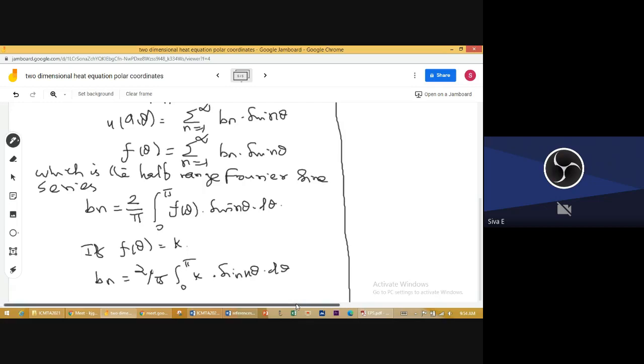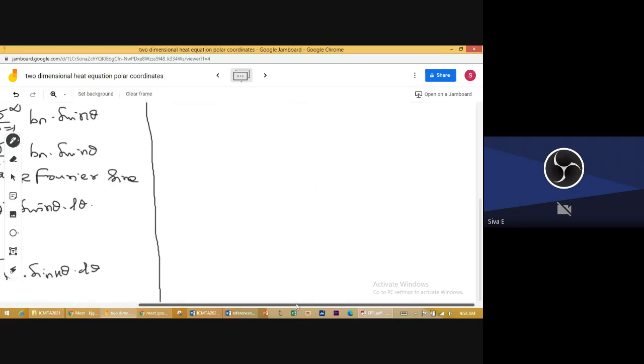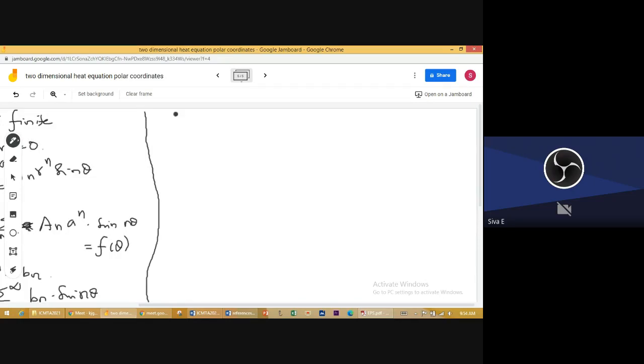Take k outside. Bn equal to 2k by pi integral 0 to pi sine n theta d theta.